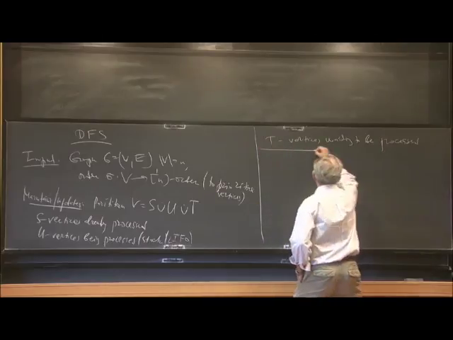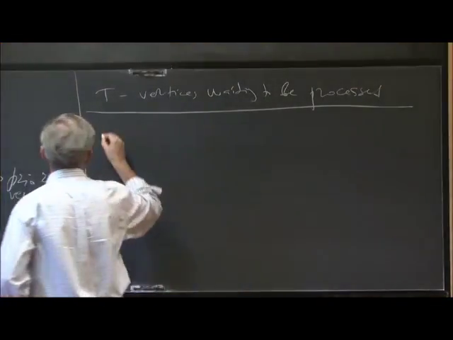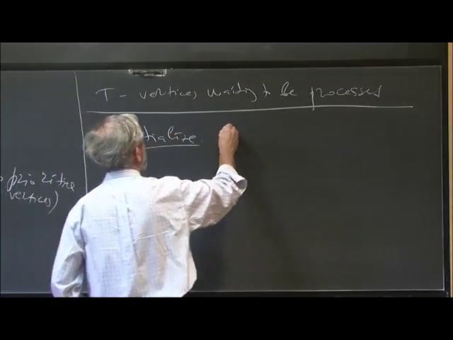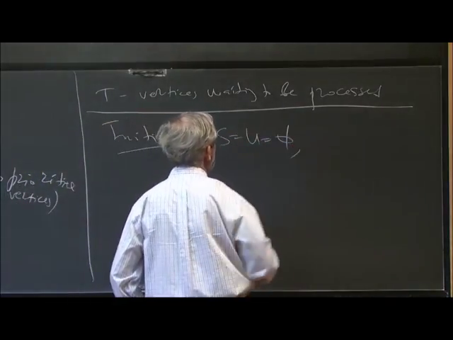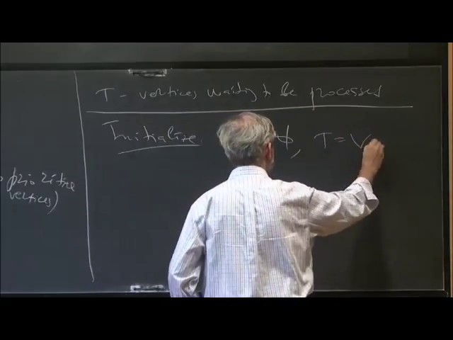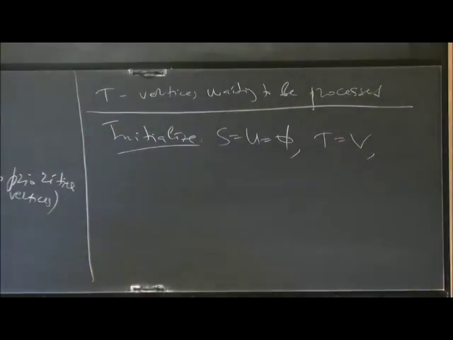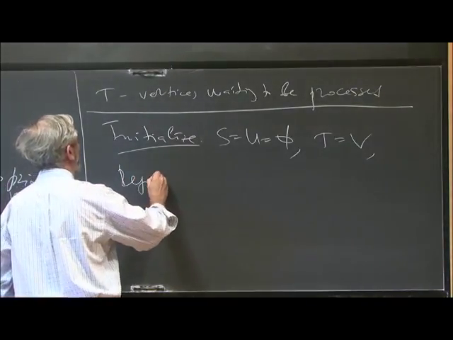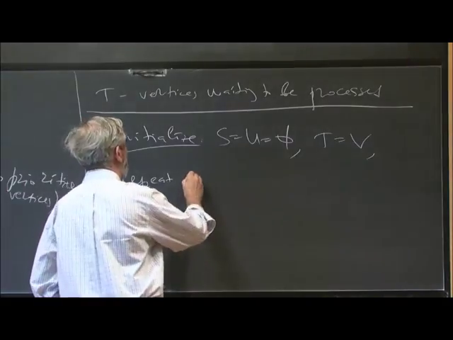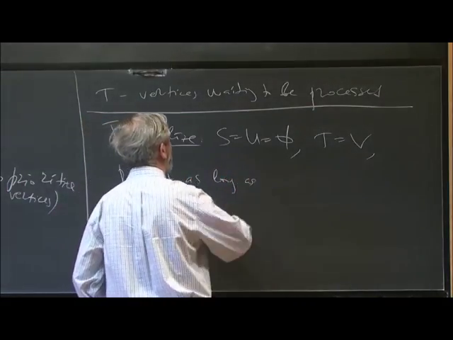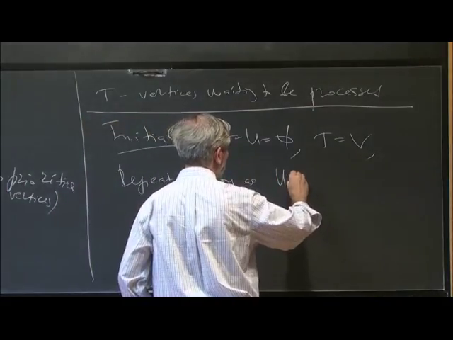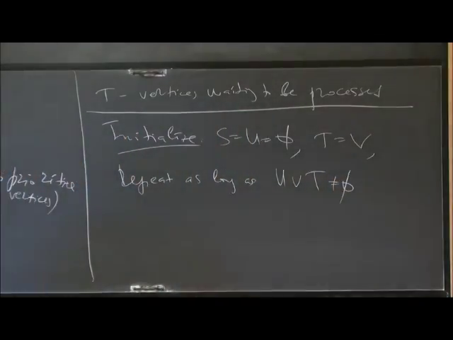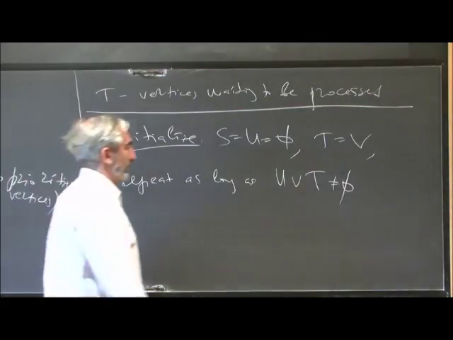Good. So what the algorithm does is as follows. We initialize with S and U equal to the empty set, and C is everything. All vertices are still waiting to be processed. And now we repeat the following loop. As long as there is still stuff to be processed, U union C is non-empty, we do the following thing.